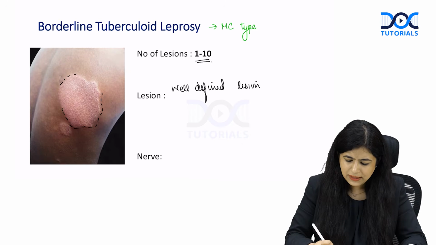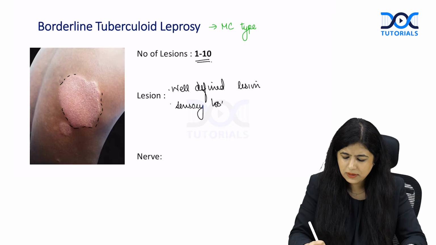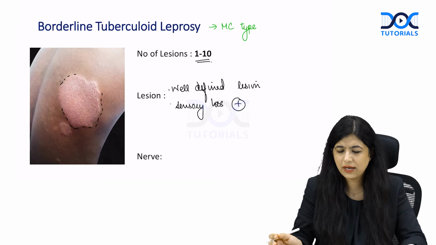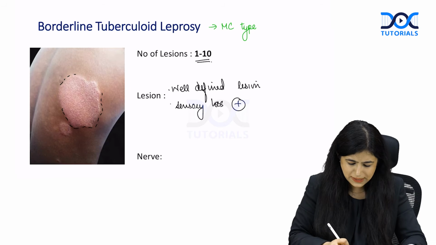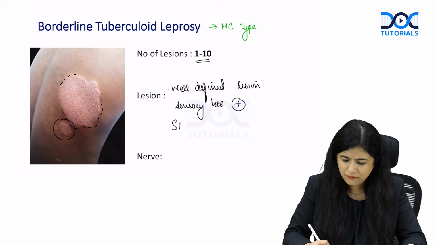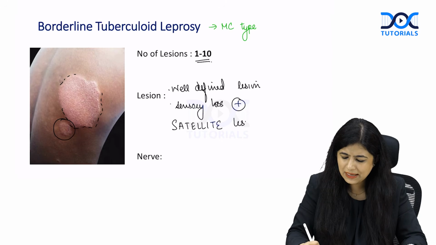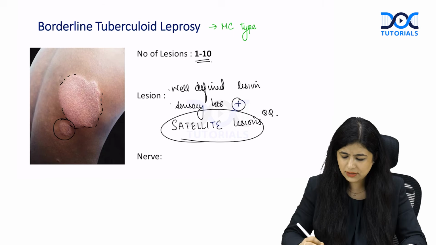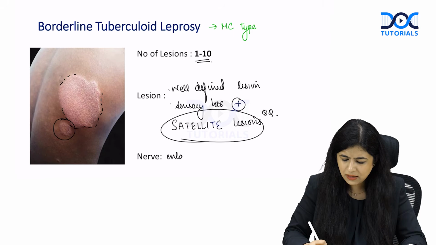Now, there is still sensory loss, which is seen within the lesion. This is also dry. It also does not have hair or appendages. And you see that the infection is trying to spread, form new lesions. So a very important feature that you see here is the presence of satellite lesions. Very important point in BT leprosy, that is the presence of satellite lesions. Nerves can be enlarged around the lesion.